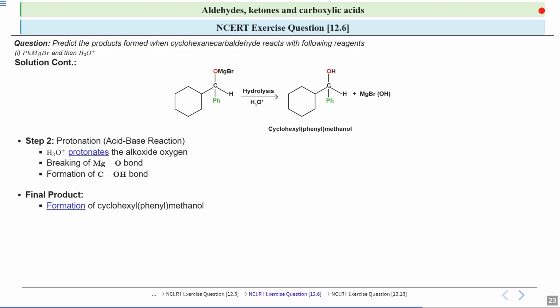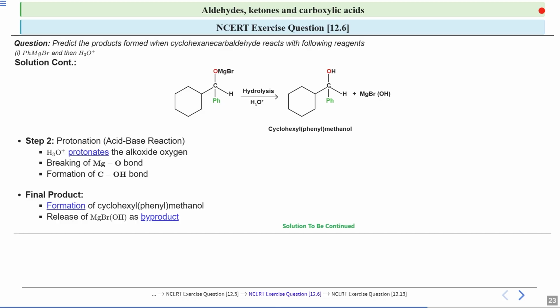This is an example of how Grignard reagents can build more complex molecules. As a byproduct, magnesium bromide hydroxide, MgBrOH, is released, and this comes from the magnesium part of the Grignard reagent.